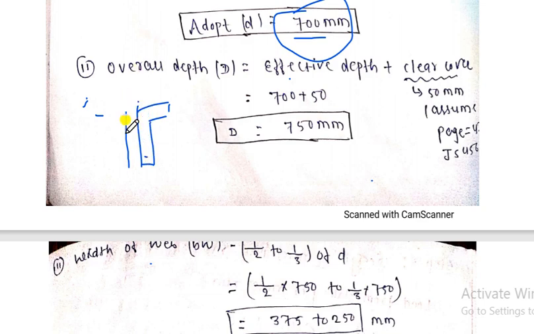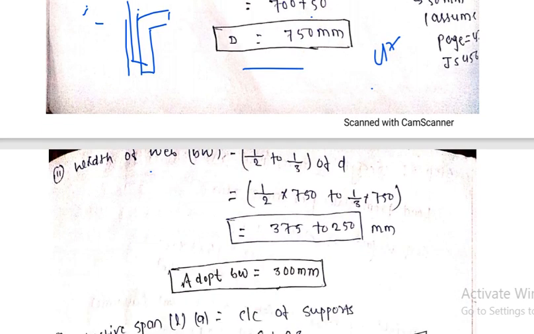The remaining portion is nothing but the clear cover. Clear cover we have to assume as per the exposure condition. It is given on page number 47 of the IS code book 456. From the IS 456 code book I have taken the clear cover as 50. So the overall depth will be 750. Right, so I hope you understand.